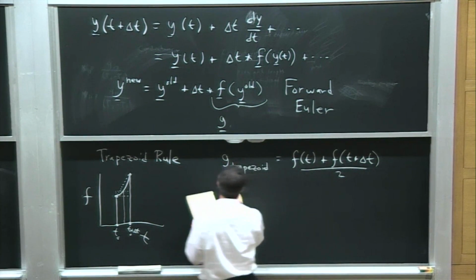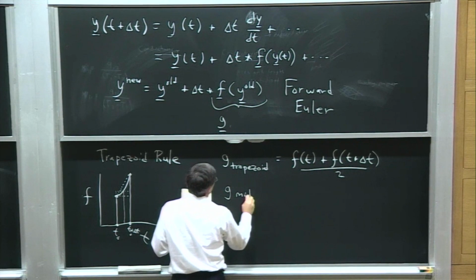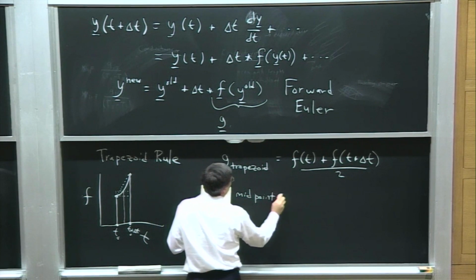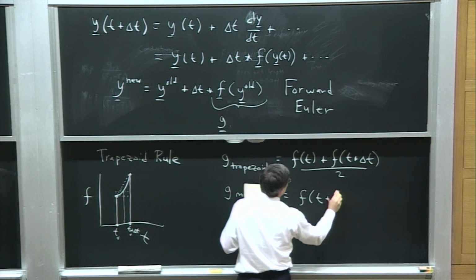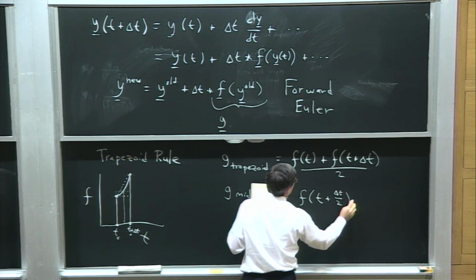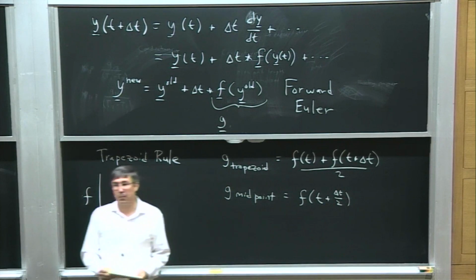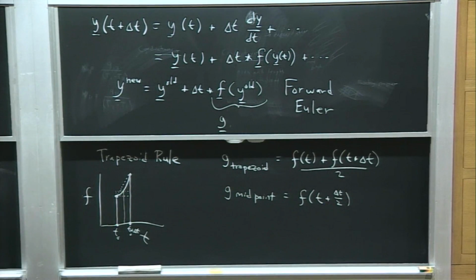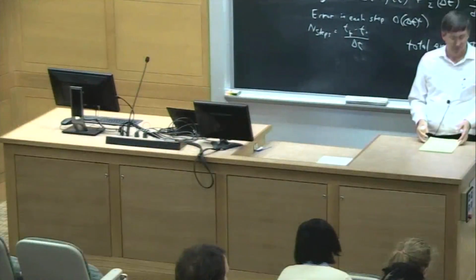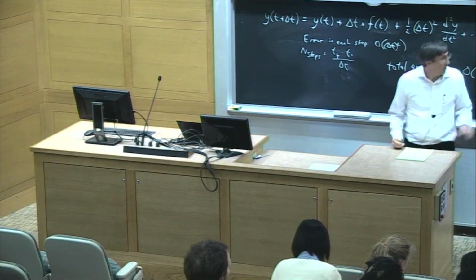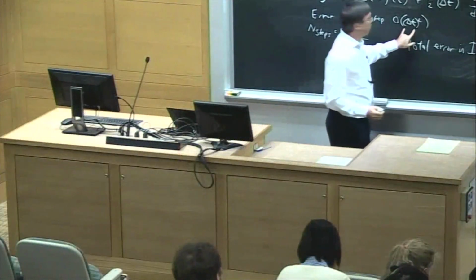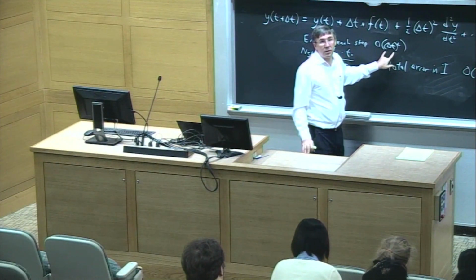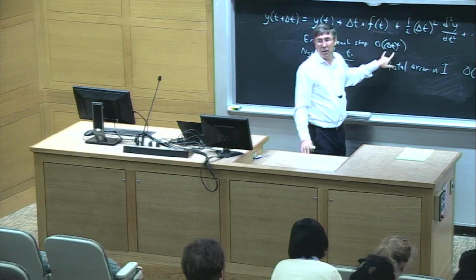Okay? What's the G for the midpoint rule? It's f of t plus delta t over 2. Okay? And so the different G's are called different update formulas. And these particular ones reduce the error from delta t squared for a microstep to, I think, delta t to the cubed power.